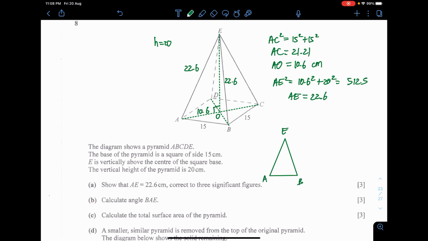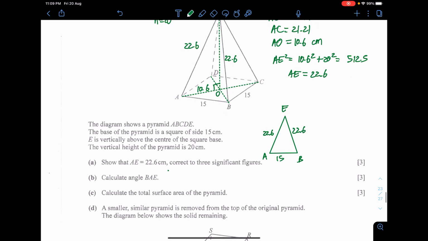If I want to find the angle on the top, I just need to do cosine rule. So 15 squared equals 22.6 squared plus 22.6 squared minus 2 times this and times the other, and then cosine BAE. Let's just call it cosine theta. There are a lot of things that you're going to move over here.